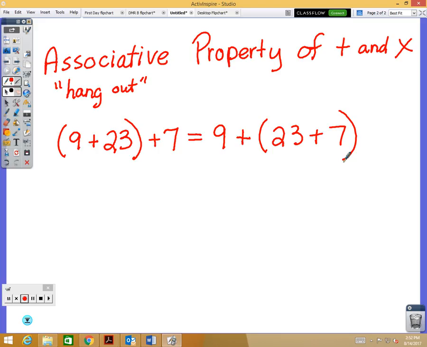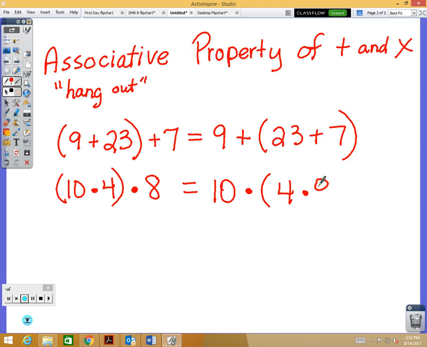Now this is obviously an example of the associative property of addition, but it works the same way if we were using multiplication. Okay? If we had 10 times 4 in parentheses, and then on the outside we had times 8, that's going to mean the same thing as 10 times, in parentheses, 4 times 8.